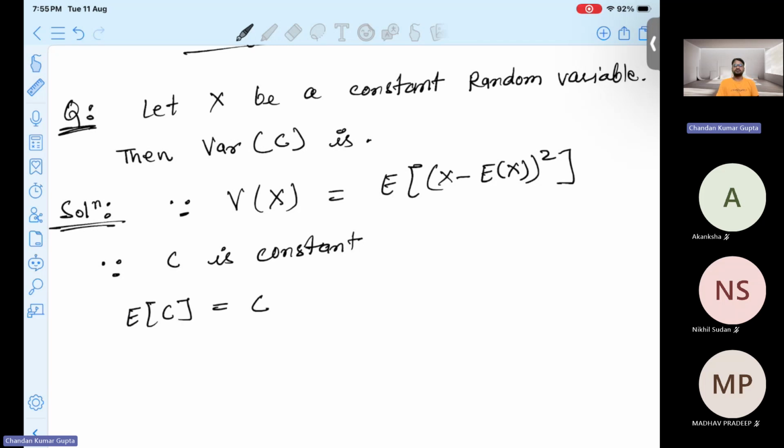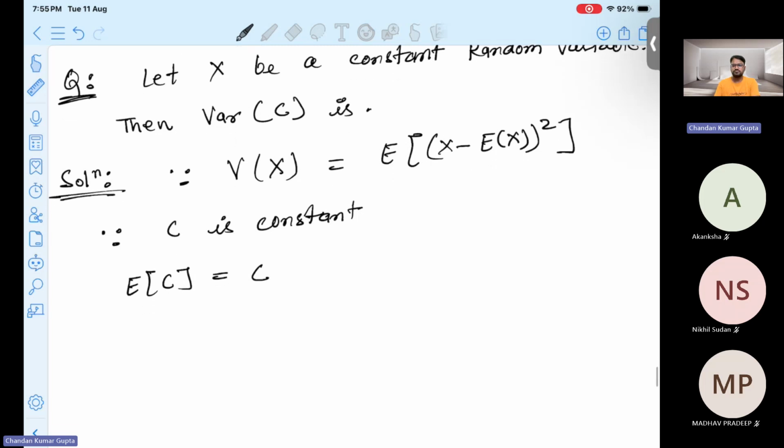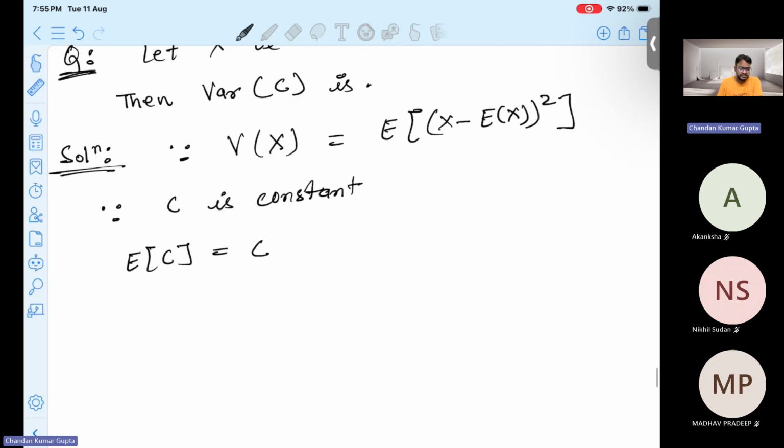We have already discussed the properties of expectation: the expected value of a constant is the constant. Yes, you are right. The expected value of c is c here.